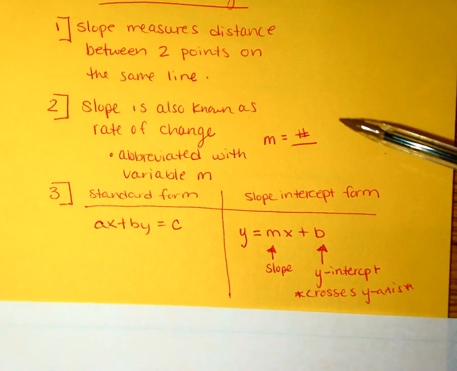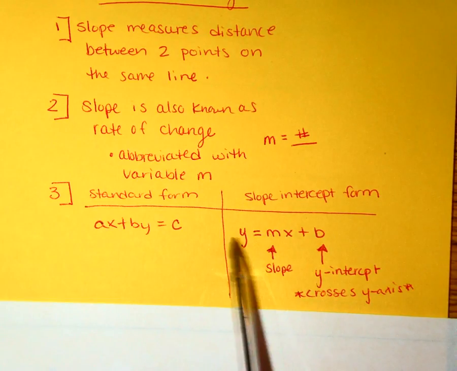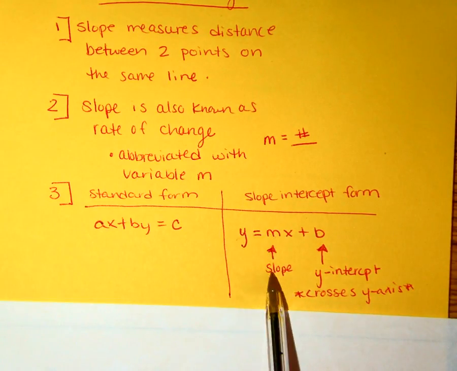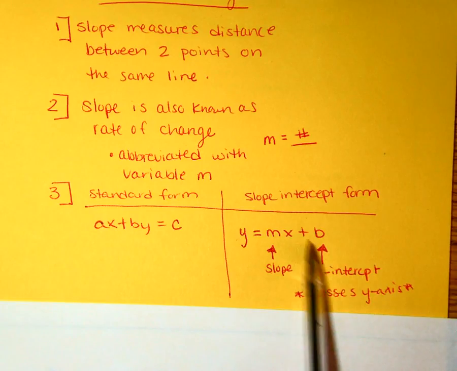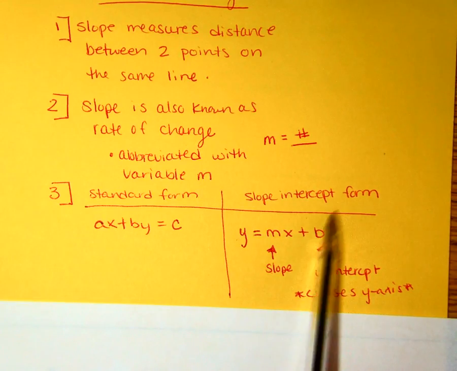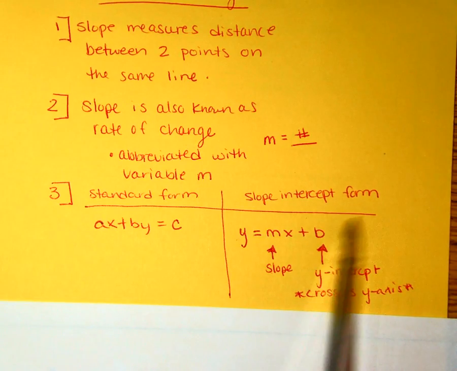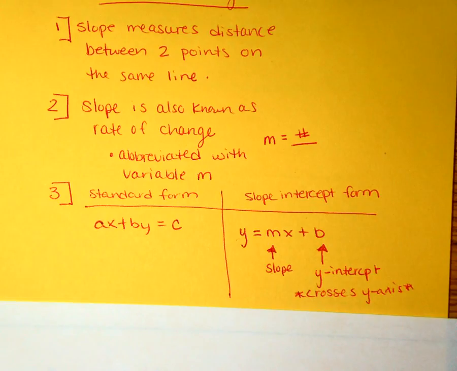In our first objective, we're proving that when an equation is in this form, slope is going to be the variable m. We also need to point out what the variable b means in this equation, and we'll cover that in lesson 18. But b is going to be our y-intercept, or where this line is crossing the y-axis.